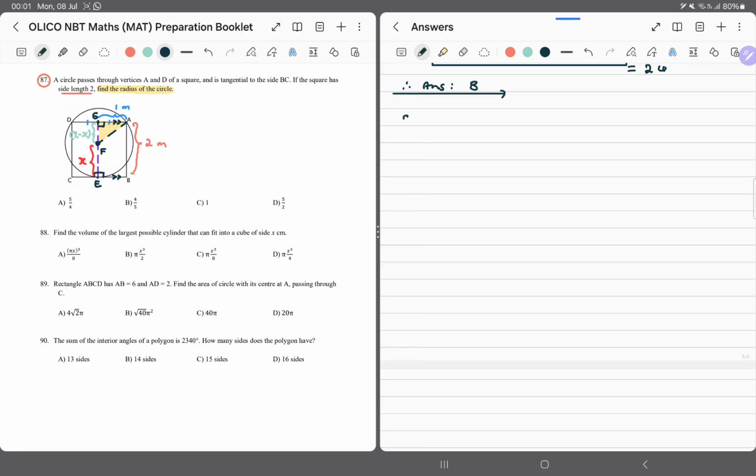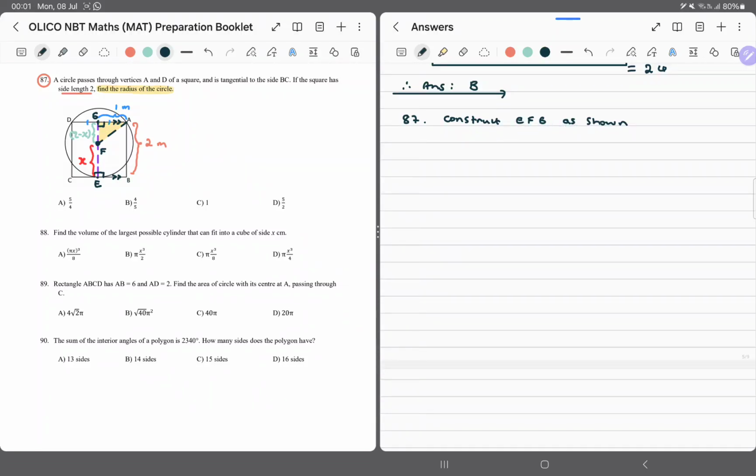So we can just say here, construct EFG as shown. Obviously, if this was a question in Euclidean geometry, there would be a sketch on the answer sheet.